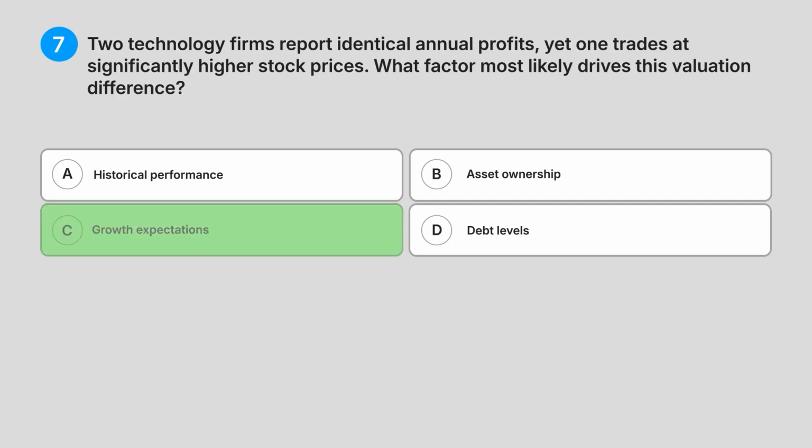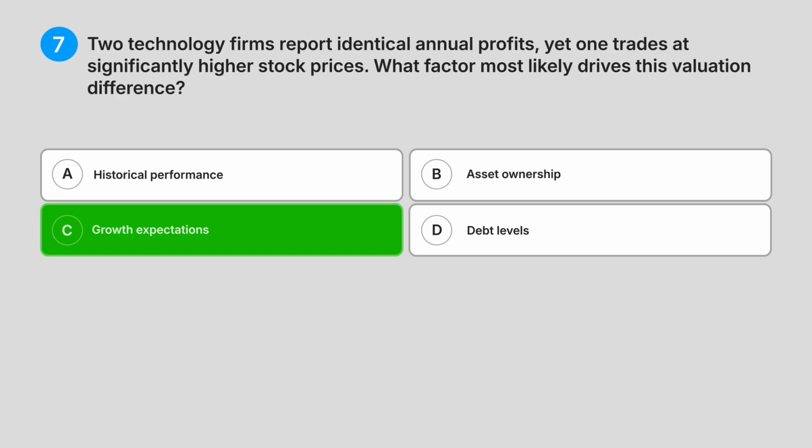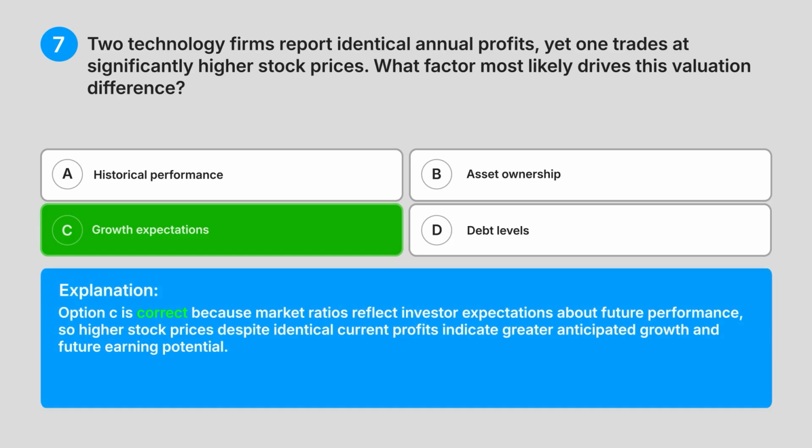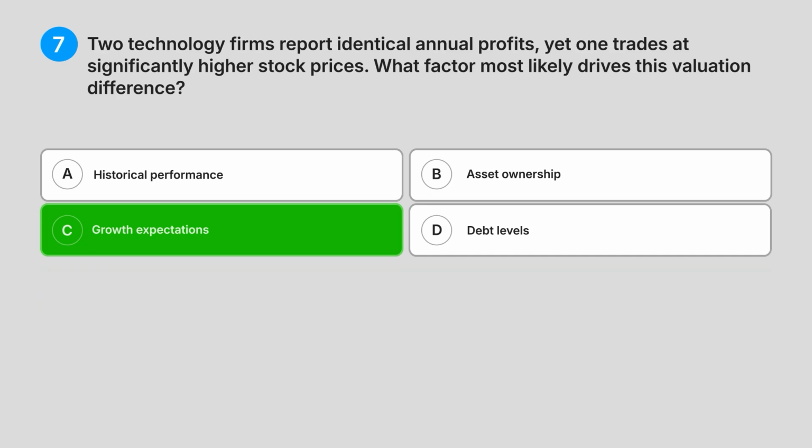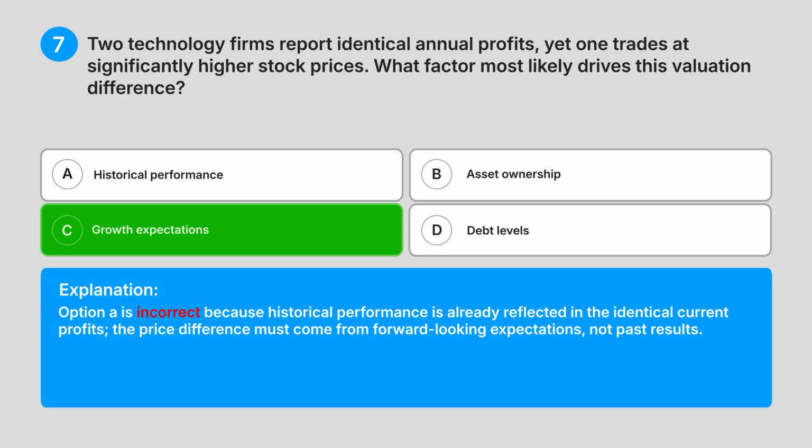Correct answer, C. Growth expectations. Explanation. Option C is correct because market ratios reflect investor expectations about future performance. So higher stock prices, despite identical current profits, indicate greater anticipated growth and future earning potential. Option A is incorrect because historical performance is already reflected in the identical current profits.